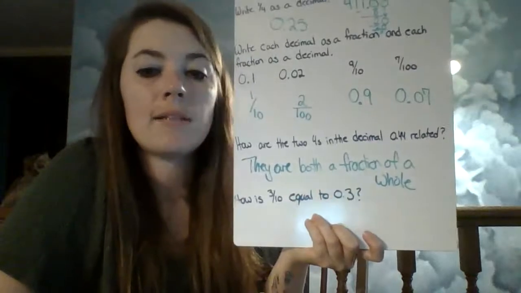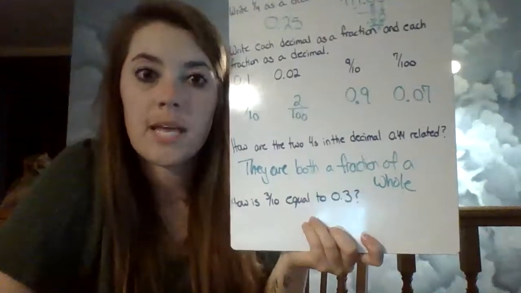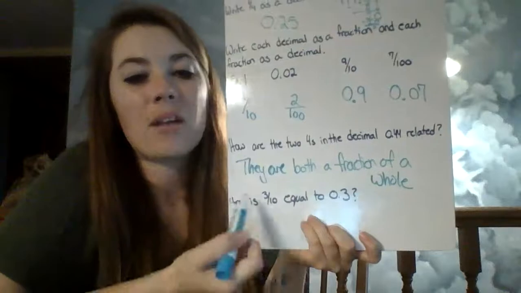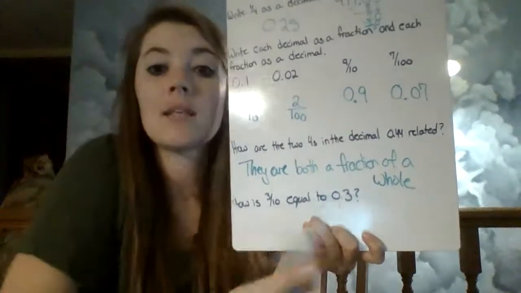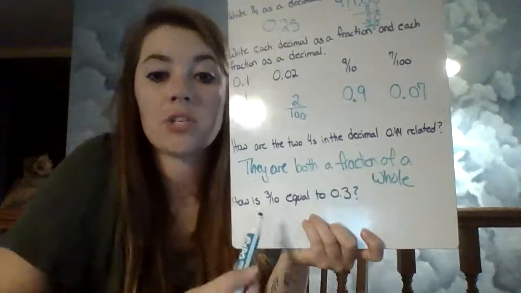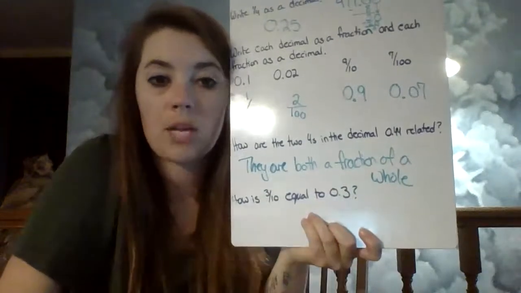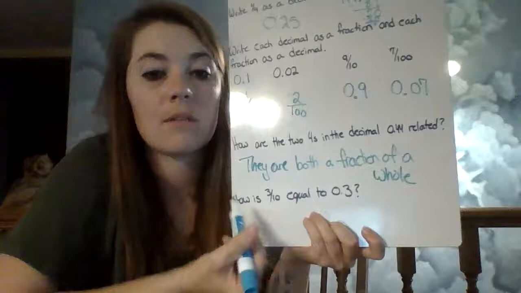How is 3/10 equal to 0.3? So if we think about this, how do we know these two things are equal? Well, it's the conversion between them. We're going from fraction to decimal. Remember, your key word is decimals for this lesson.